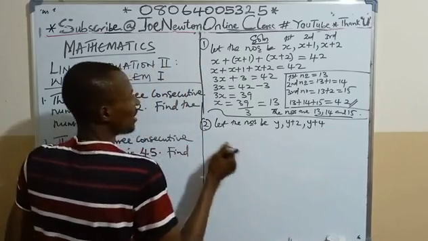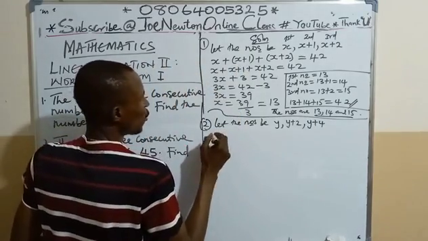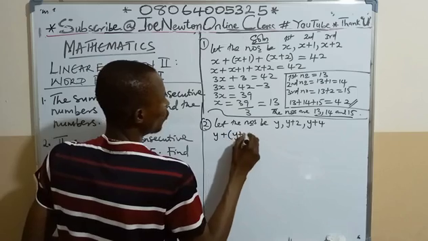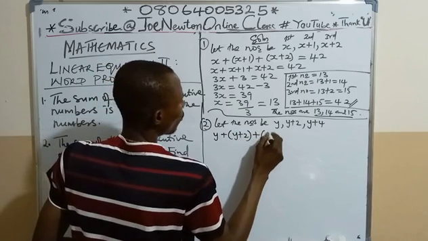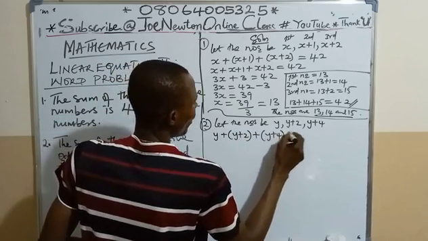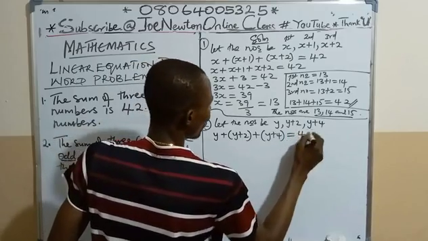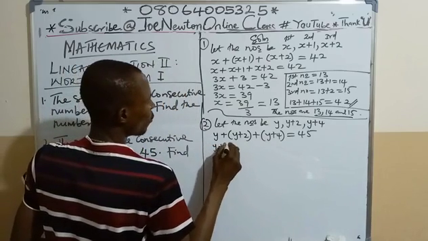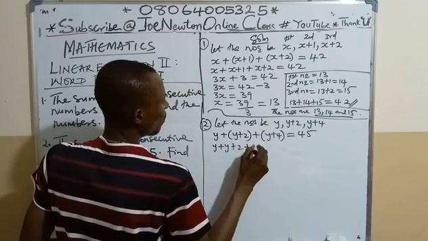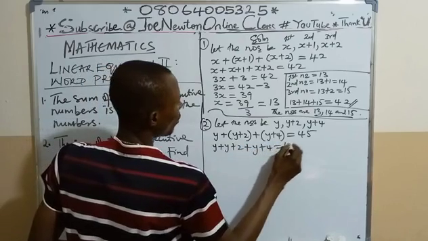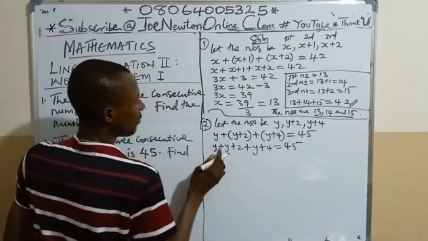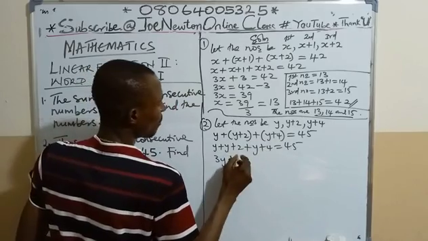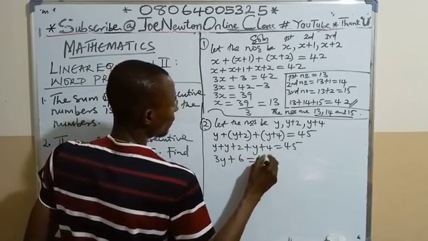So having this now, by the statement, the sum y plus y plus 2 plus y plus 4 gives us 45 according to the question. That will give us 3y plus 2 plus 4, which is 6, equals 45.